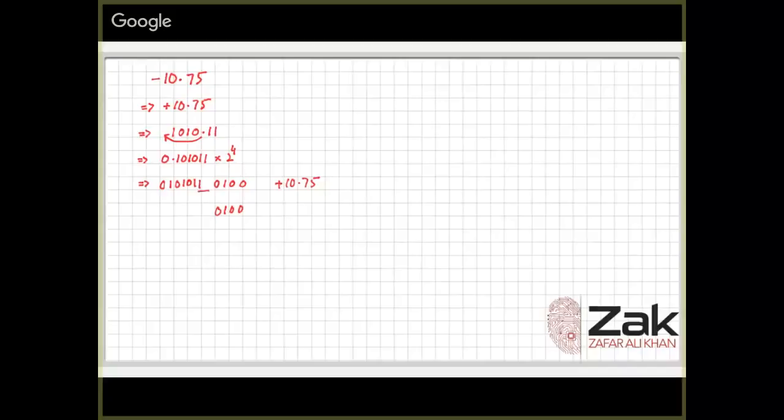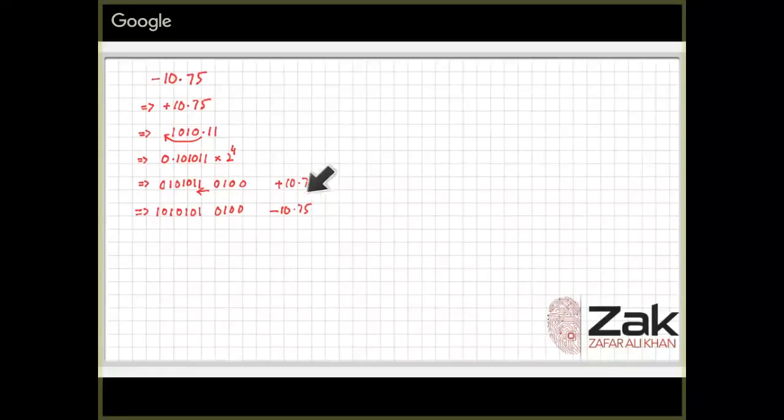Remember the technique of two's complement: to the first one we keep the mantissa the same and toggle the rest. This is negative 10.75.